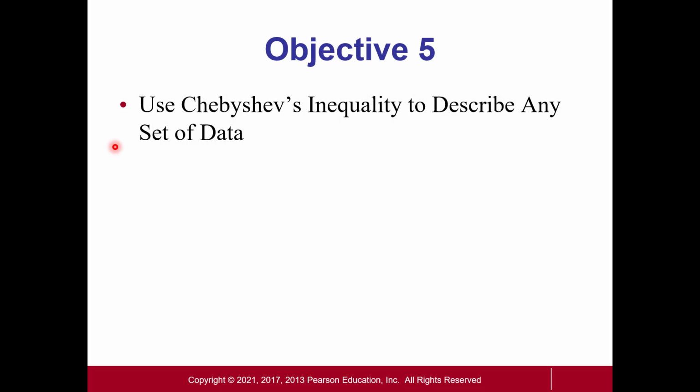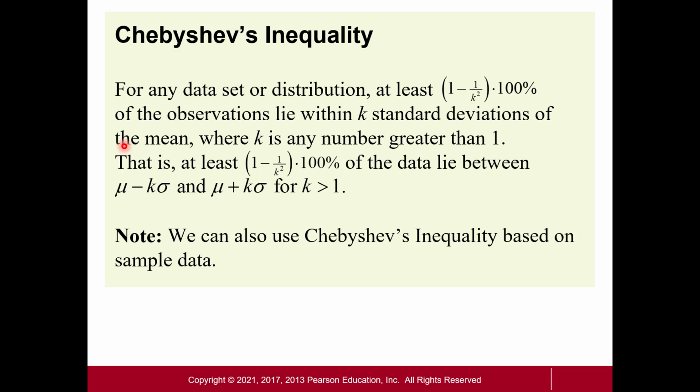The last thing we're going to talk about is using Chebyshev's inequality to describe any set of data. What Chebyshev's inequality does is, for any data set or distribution, it says that at least this number of observations lie within this number of standard deviations from the mean.